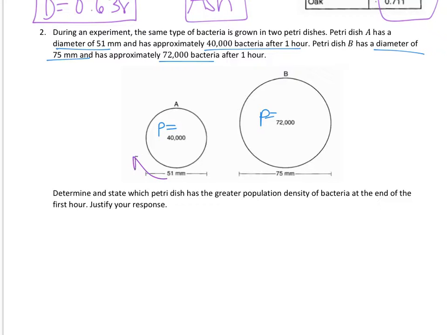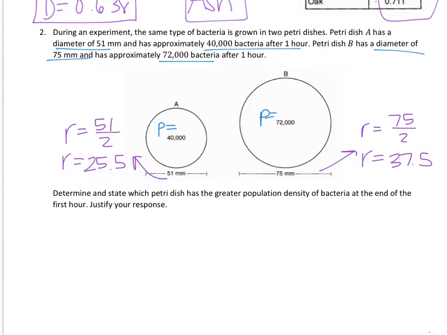So to calculate the radius, remember that we take the diameter and divide by 2. So R equals 51 over 2, so the radius is 25.5. Over here, R equals 75 divided by 2, so the radius is 37.5.